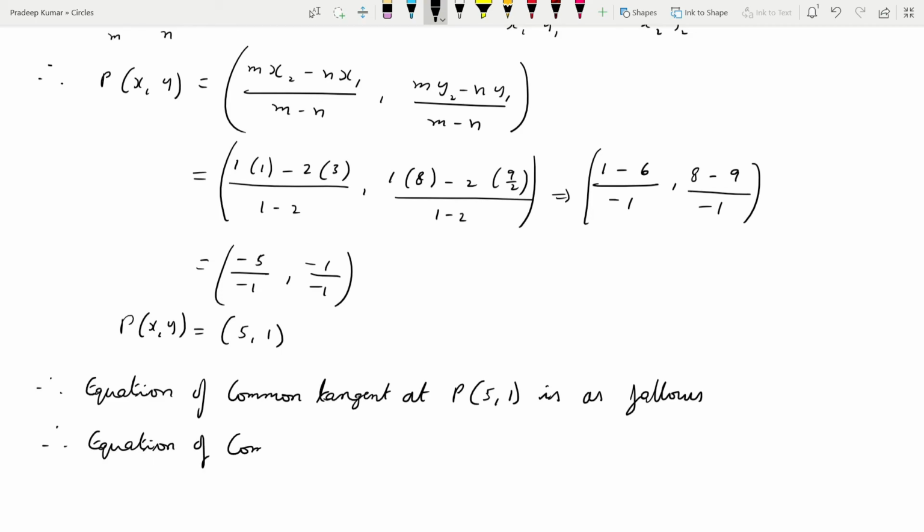Therefore, equation of common tangent: you can find the common tangent by using S minus S dash equal to 0.